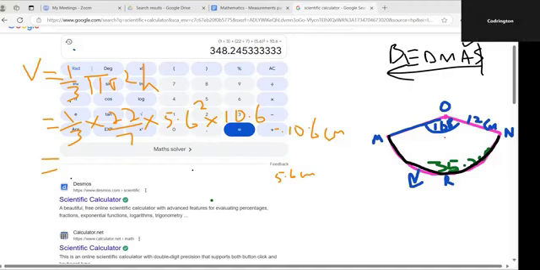I get 348.57. Yeah, some calculators might have something slightly different after the decimal. I don't know why. But the main thing is the 348.